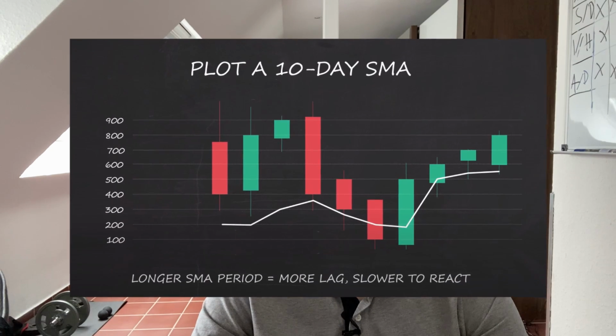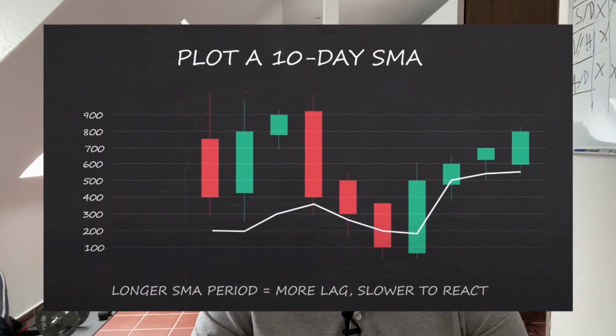This way ensures that the average is based only on the last number of periods, in this example the last 15 days. Always have in mind that the longer the simple moving average period, the more it lags, and the slower it is to react to the most recent price movement.